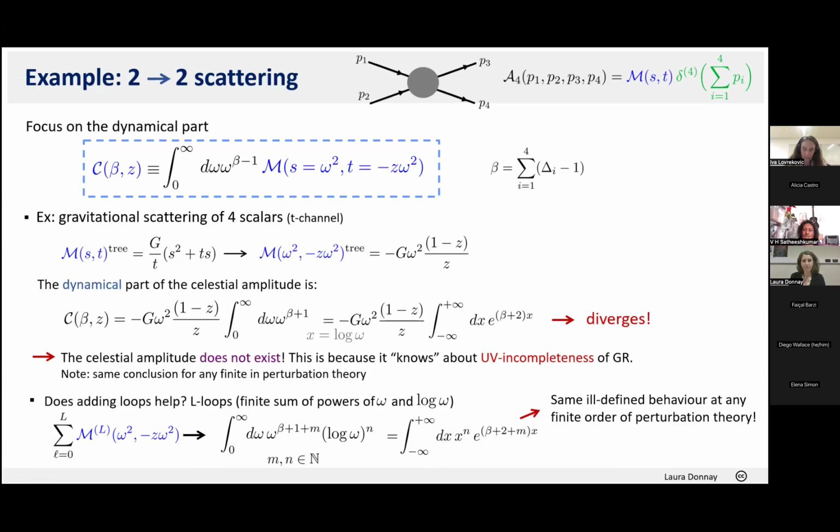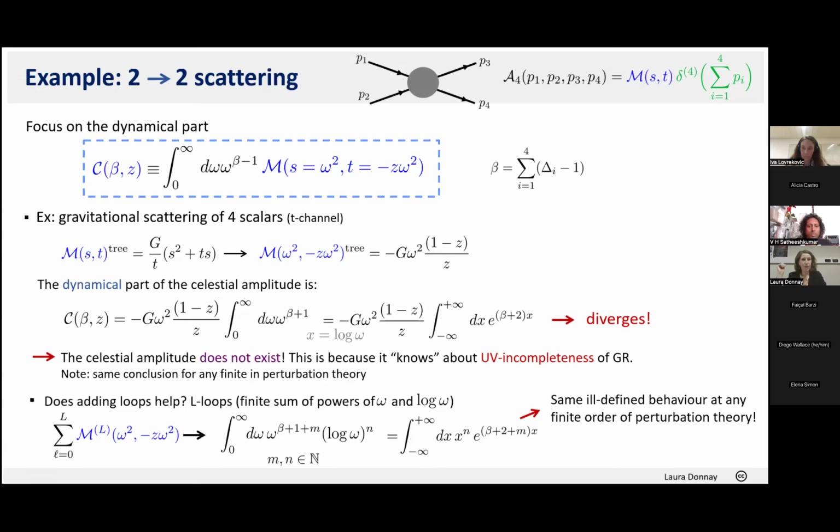Just a remark. Isn't this an artifact of the Mellin transform? Yeah, absolutely. There is nothing super deep. It's just the fact that you're probing all energies from 0 to infinity at the same time.